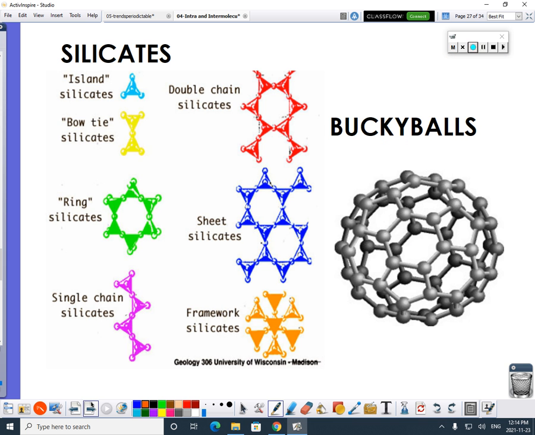And then these pictures here, so this is different kinds of silicates. So this could be like the silicate found in sand or something like that. So again, you don't have to reproduce these, but you can see that it's sort of forming similar kinds of shapes to carbon because they have 4 valence electrons.